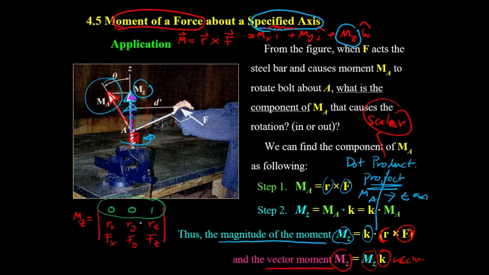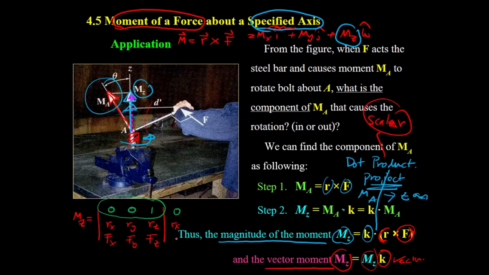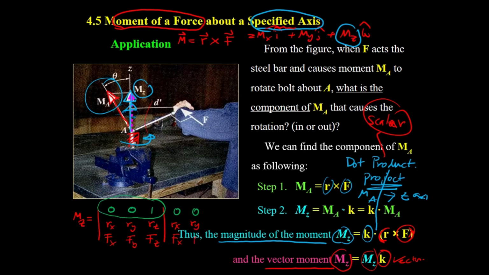And do the same thing. Just take 0, R sub X, and F sub X, and then 0, and then copy R sub Y, F sub Y. Then you multiply in this direction, that's 0. Multiply this one in this direction, 0.